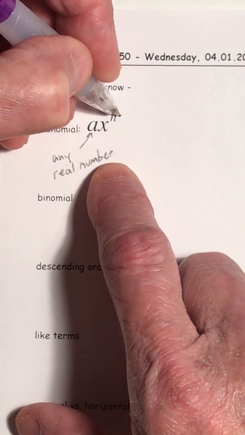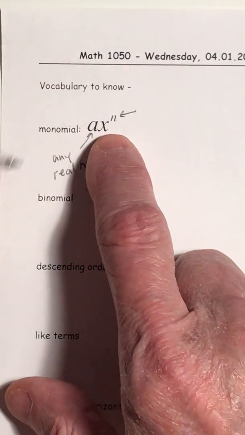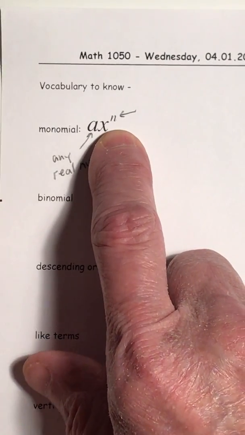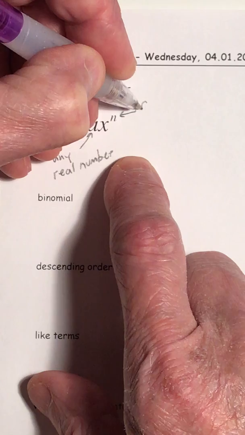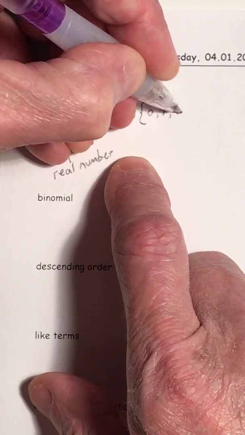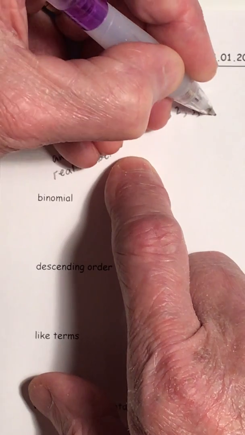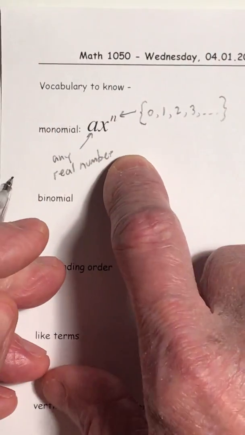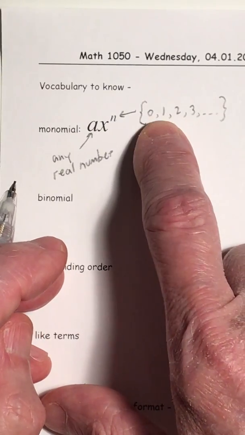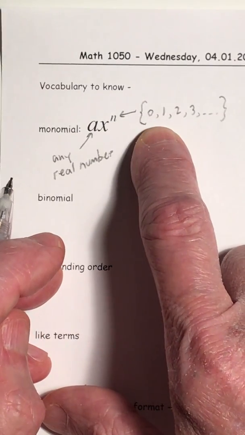The only sort of restrictive part is for it to be called a monomial, the exponent has to be one of these things: 0, 1, 2, 3, etc. In other words, it has to be either a whole number or 0. Can't be a decimal, can't be a negative.